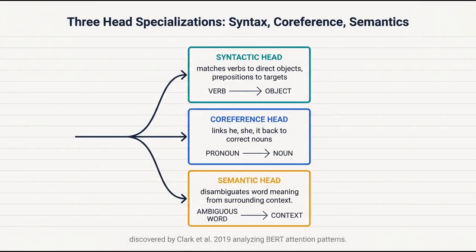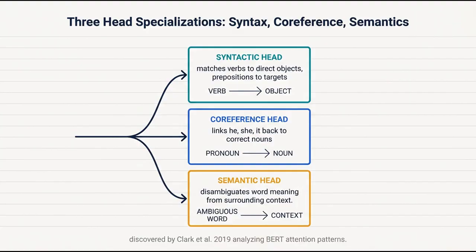Some heads become syntactic experts, tracking grammatical relationships such as matching verbs to their direct objects or prepositions to their targets. Other heads specialize in coreference resolution. This is the process of linking pronouns like he, she, or it back to the correct nouns they represent in the text. Another group of heads focuses on semantic disambiguation, looking at the surrounding context to determine the exact meaning of ambiguous words.